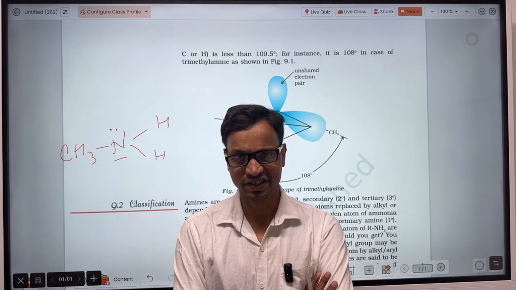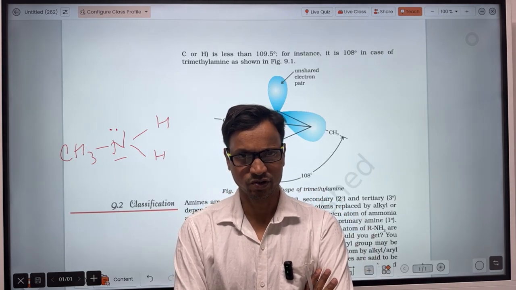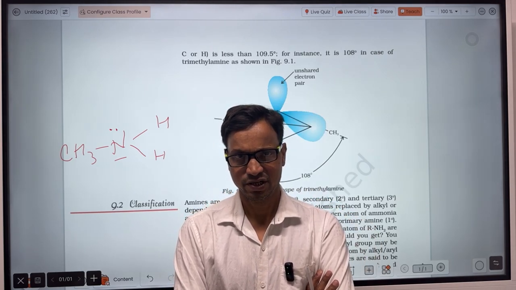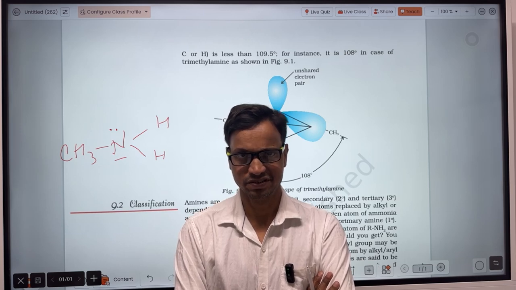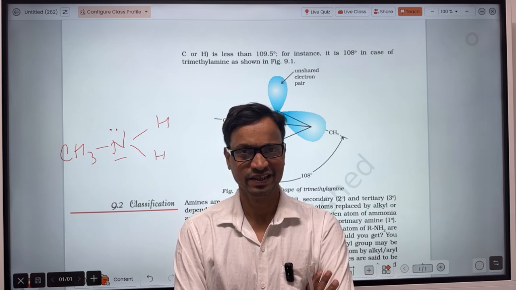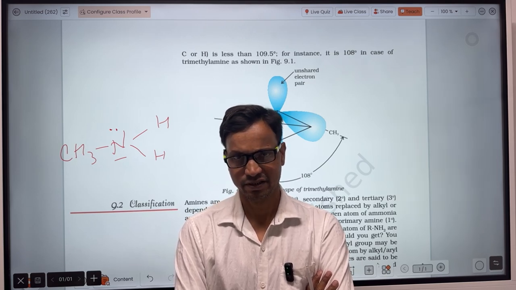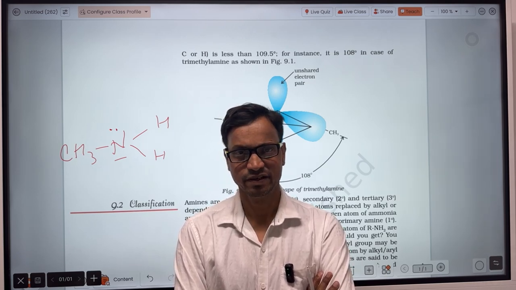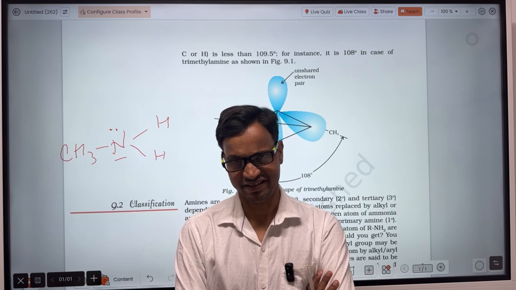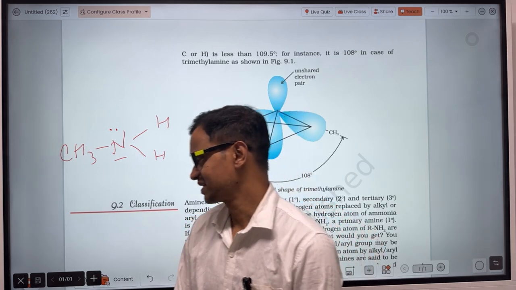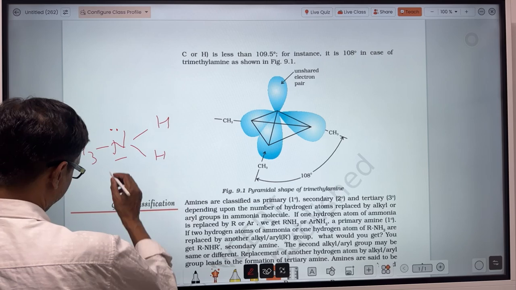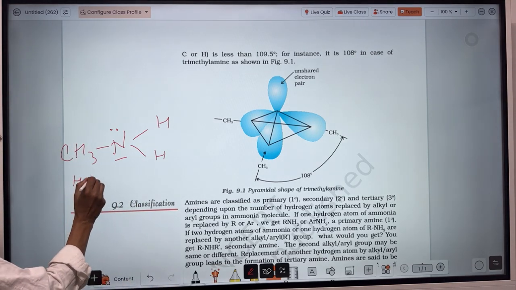To form 4 hybrid orbitals, 4 atomic orbitals of nitrogen merge together, one of which is s and the remaining 3 are p. So the hybridization of nitrogen in this case, amine, will be sp3.